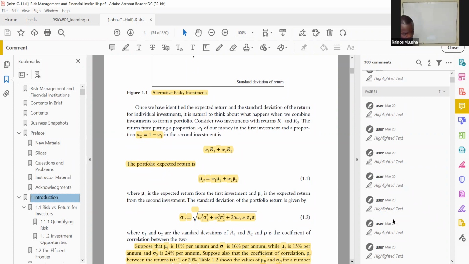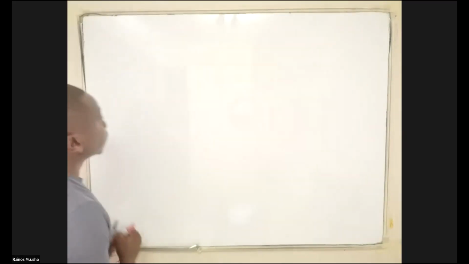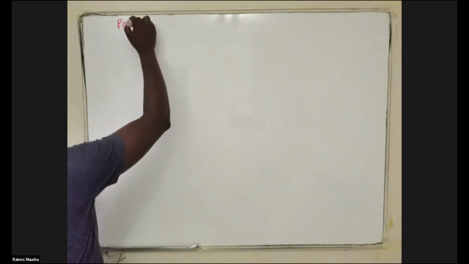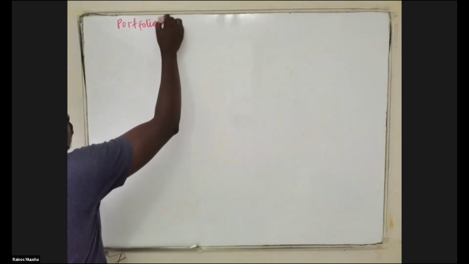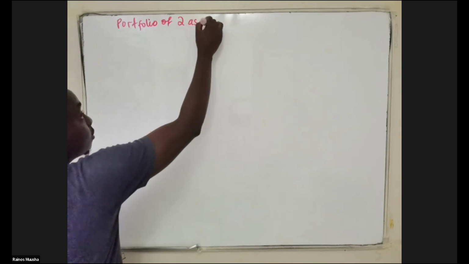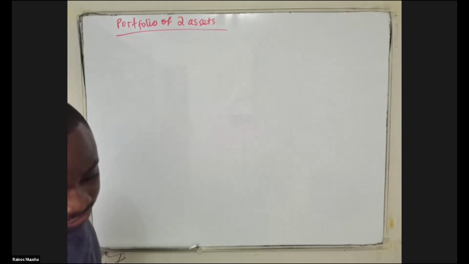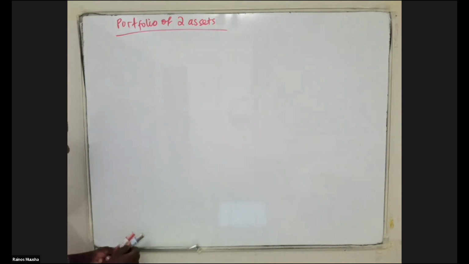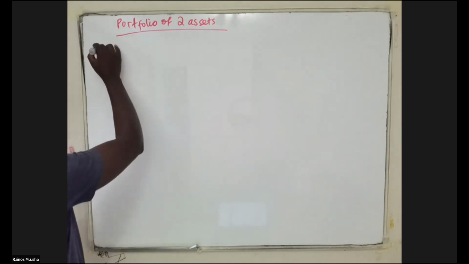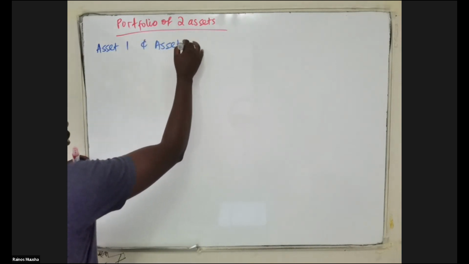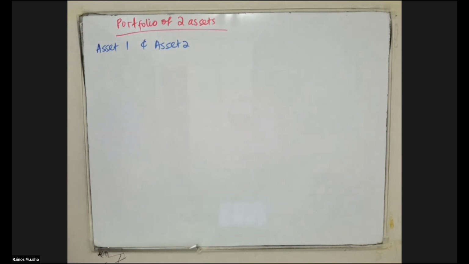Now, when it comes to a portfolio of two assets, we are going to look at the two assets being asset 1 and asset 2.